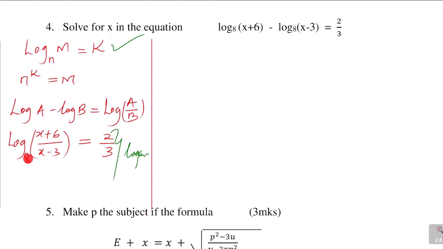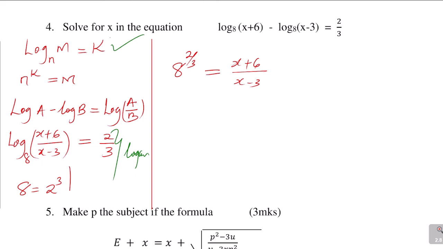So now you're going to take 8 to power 2/3 is equals to what we have here, m. The m is x plus 6 divided by x minus 3. So x plus 6 divided by x minus 3. 8 to power 2/3, we can simplify that because 8 can be expressed as 2 cubed.